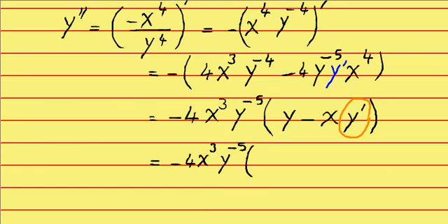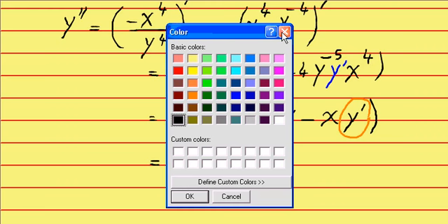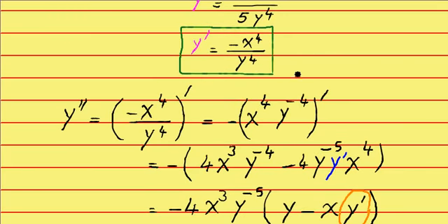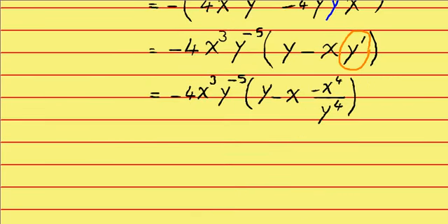So I'll write here y minus x, the y prime was minus x to the 4 over y to the 4. Was that right? x to the 4 over y to the 4. So we just copied that through.